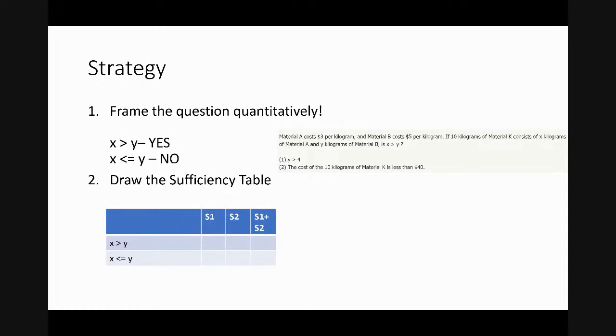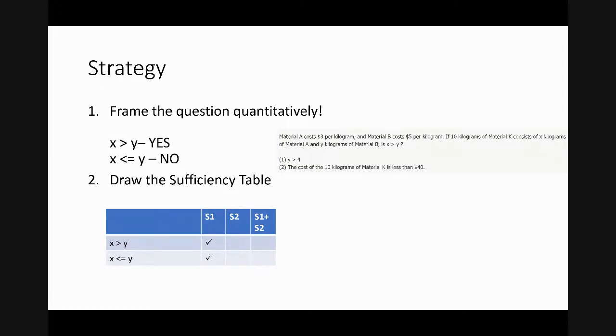So in that case, can I have x greater than y? Yeah, absolutely we can. But because y is greater than 4, y could also be 9 and x could be 1. So can x be less than y? Yeah. So is statement 1 sufficient? Absolutely not, right?